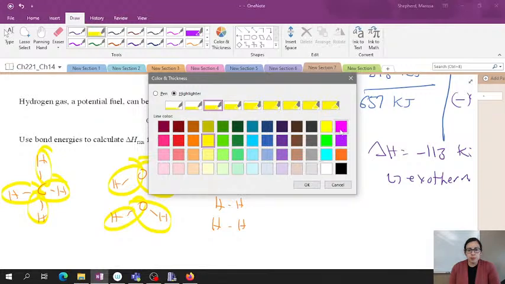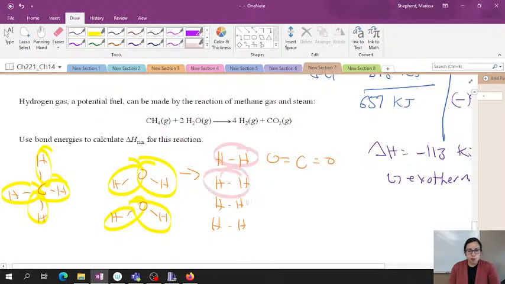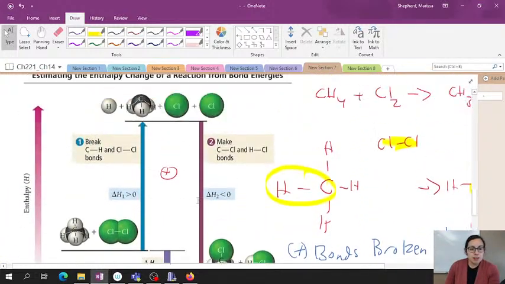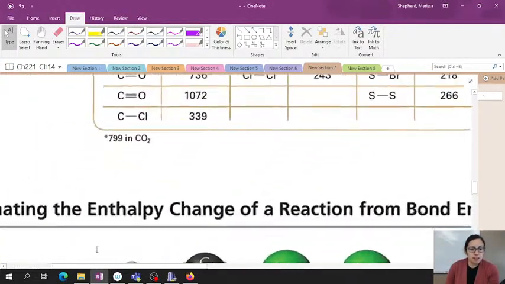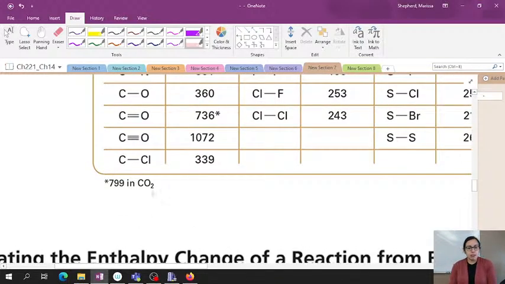But in return, we'll be forming 4 HH bonds, and then 2 C double bond O. If you look at the chart, there's a little caveat here. CO2 has a higher bond energy than just CO. So that would be for any CO bond, but for CO2, you want to use the 799.